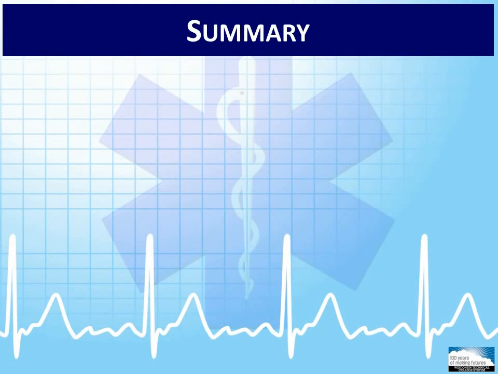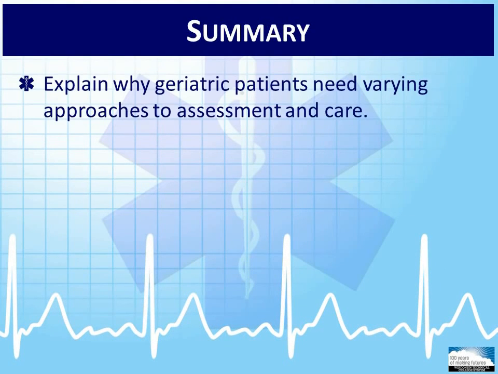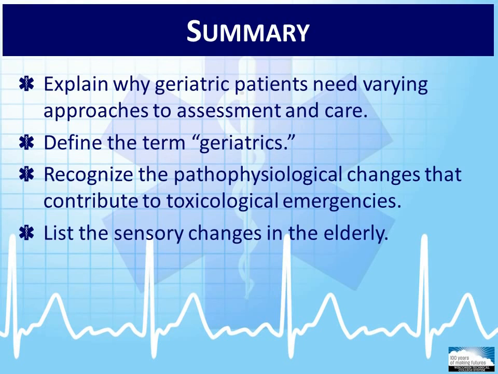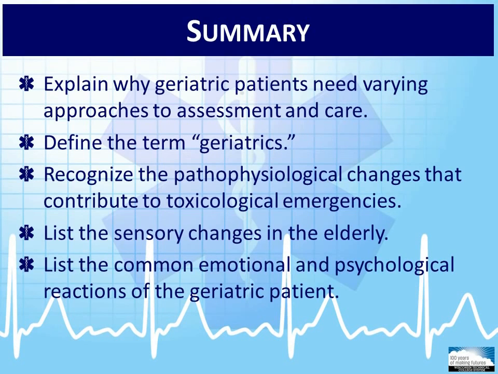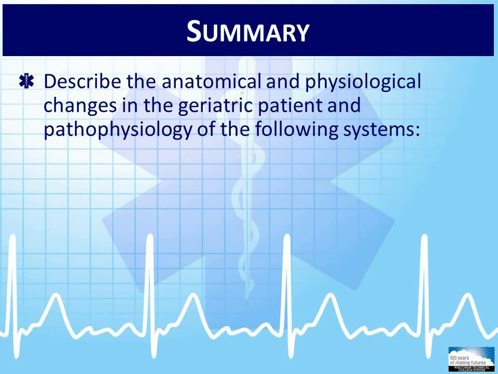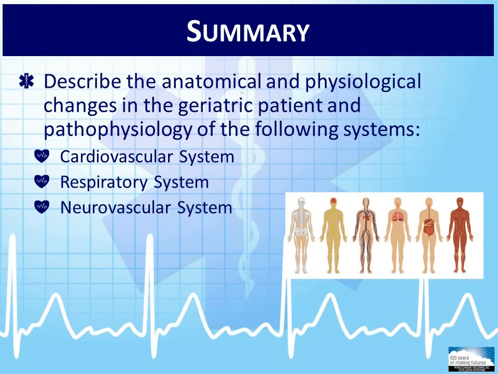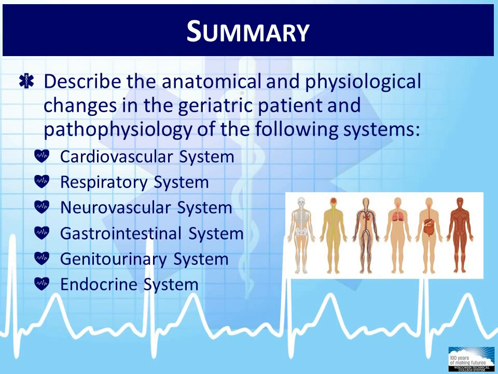With this module complete, you should now be able to explain why geriatric patients need varying approaches to assessment and care, define the term geriatrics, recognize the pathophysiological changes that contribute to toxicological emergencies, list the sensory changes in the elderly, list the common emotional and psychological reactions of the geriatric patient, describe the anatomical and physiological changes in the geriatric patient and pathophysiology of the following systems: cardiovascular system, respiratory system, neurovascular system, gastrointestinal system, genitourinary system, endocrine system, and musculoskeletal system.